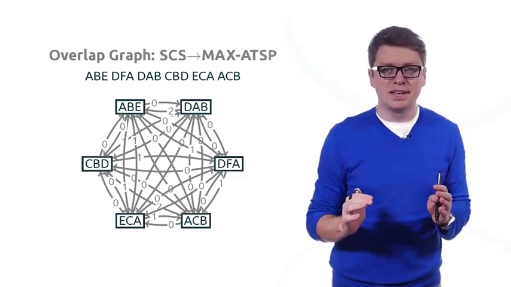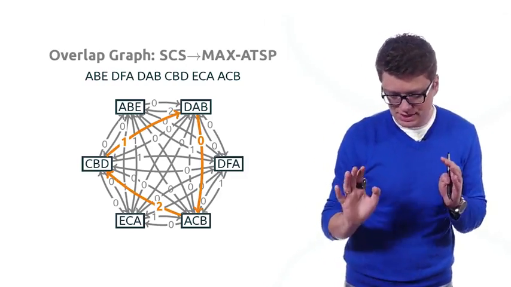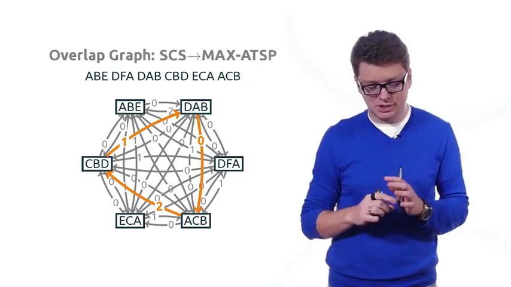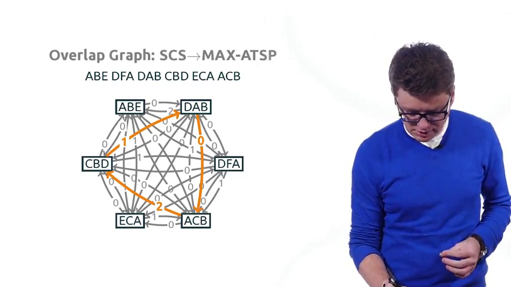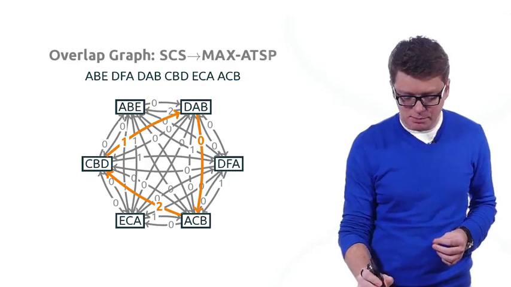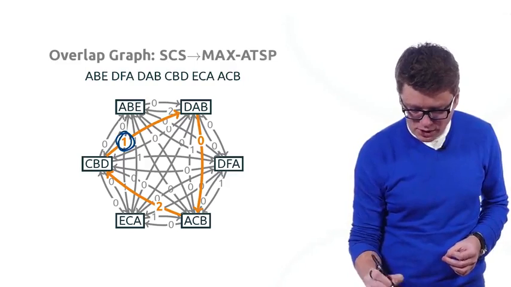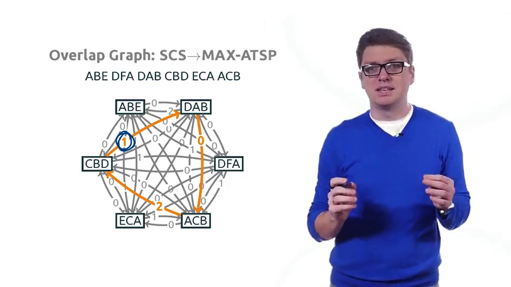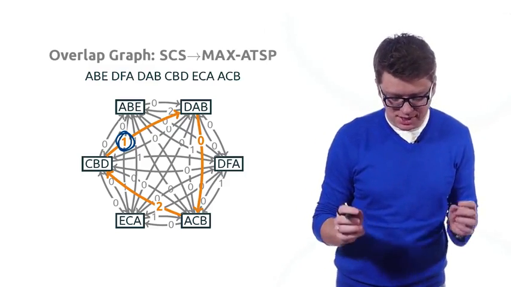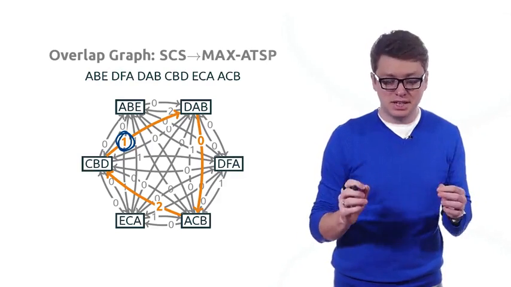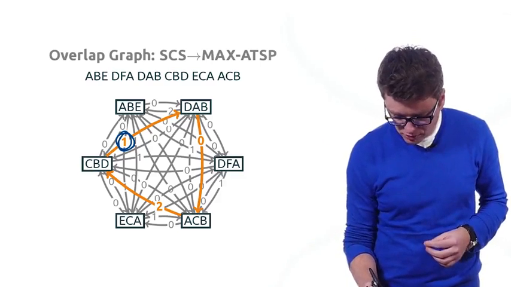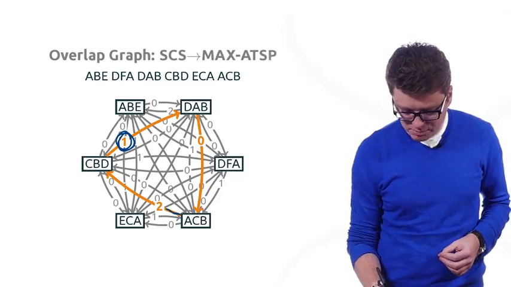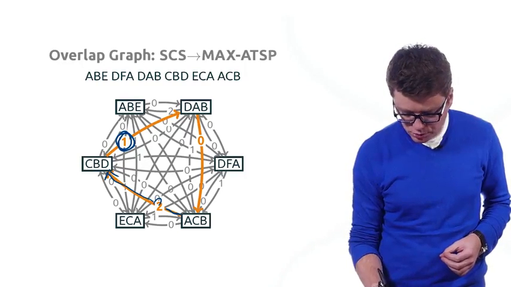So on every edge, let's just focus on the highlighted edges. For example, on the edge from CBD to DAB, we put weight 1 just because the overlap of CBD and DAB is equal to 1. So indeed, they share the letter D. Okay, on the edge from ACB to CBD we put 2.